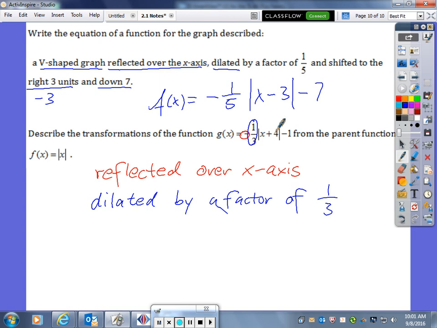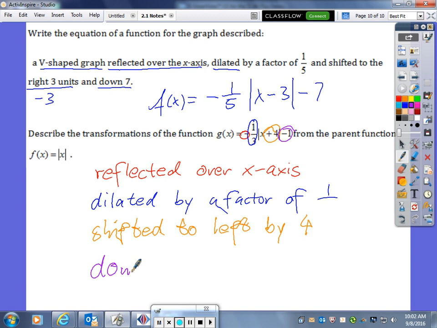It will be shifted to the left by 4. And it will be shifted down 1 unit.